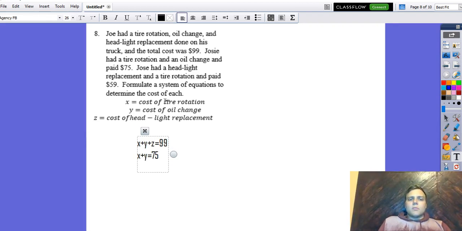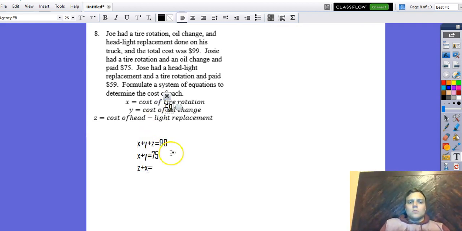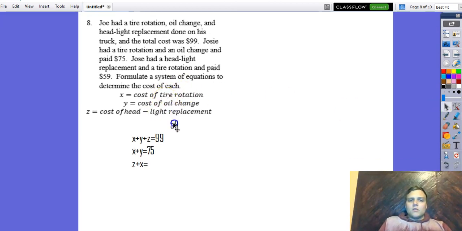Jose had a headlight replacement, which is Z, and a tire rotation, which is X, and that only cost $59. Whoa, whoa, somehow I'm making mistakes all over here. Right there. And boom, because it says formulate system of equations.